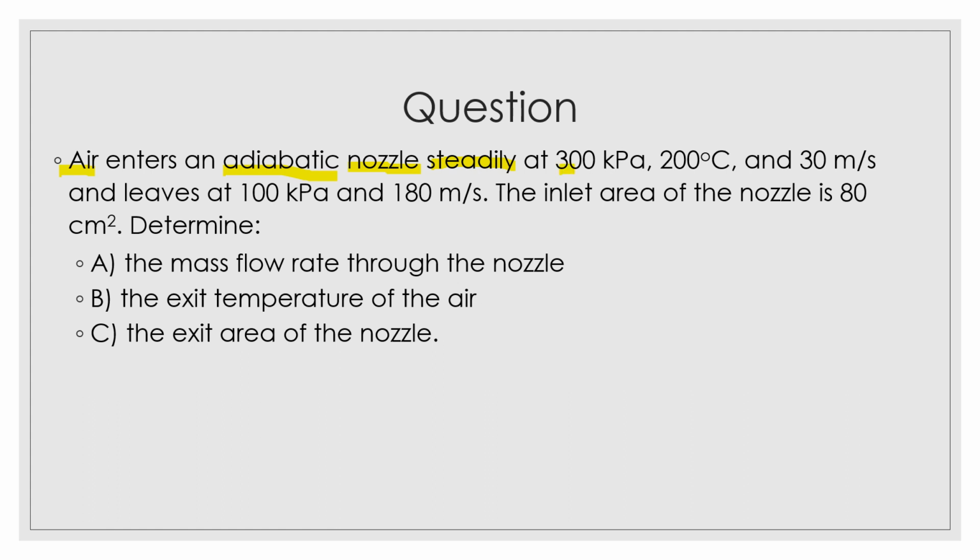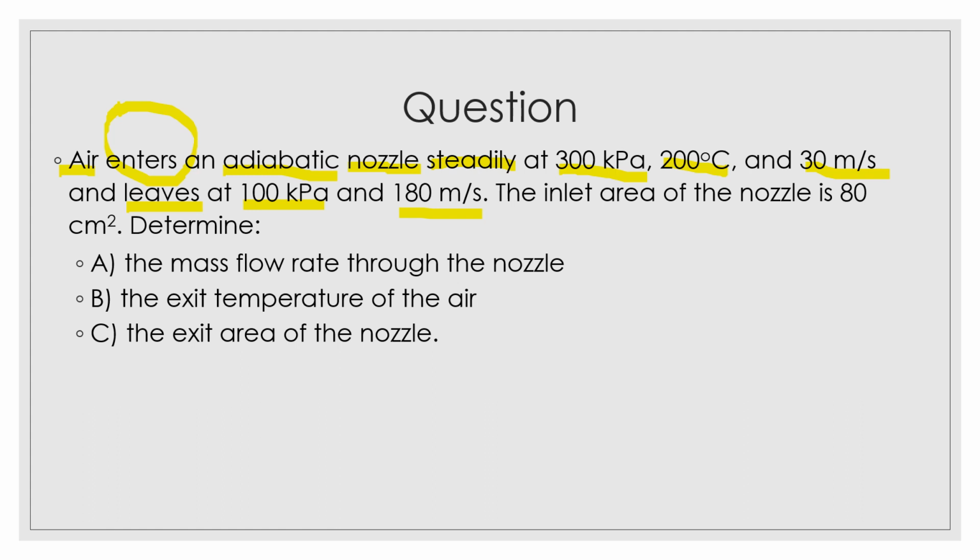The rest is the 300 kilopascal, 200 degrees Celsius, 30 meter per second as part of the entering to the nozzle. And then for the leaving from the nozzle, 100 kilopascal with velocity 180 meter per second.